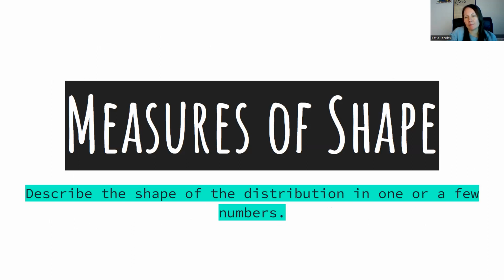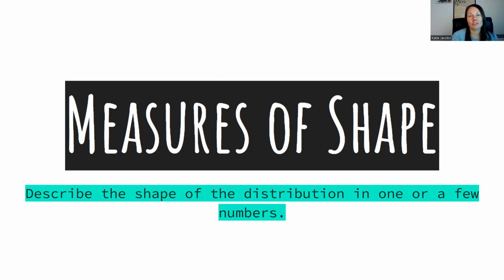So measures of shape, these are types of descriptive statistics that describe the shape of the distribution in one or a few numbers. So at this point, after this week, we'll have learned all the different branches of descriptive statistics that I'm going to teach you. We started out with learning measures of central tendency, where we learned about mean, median, mode.